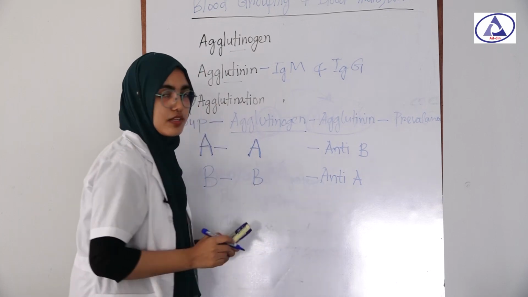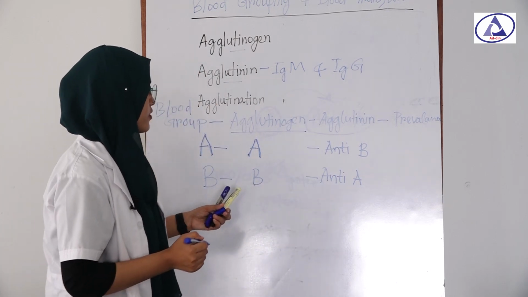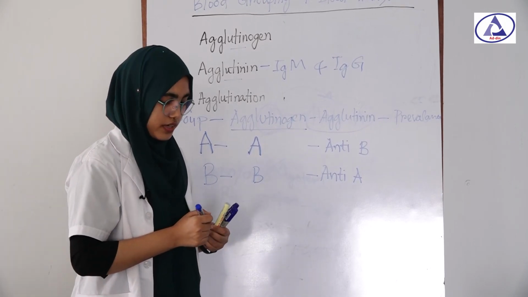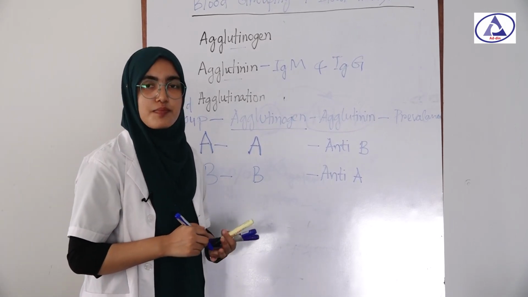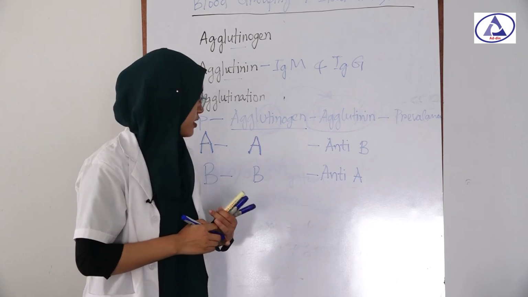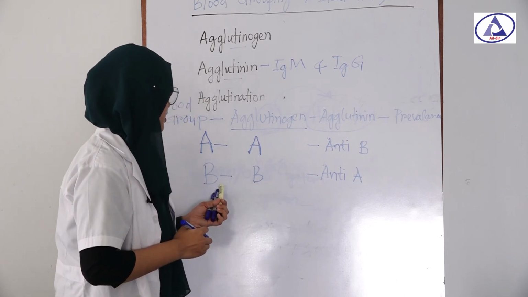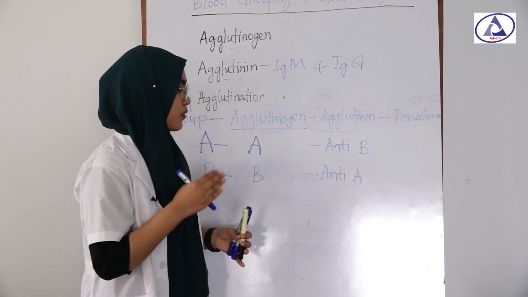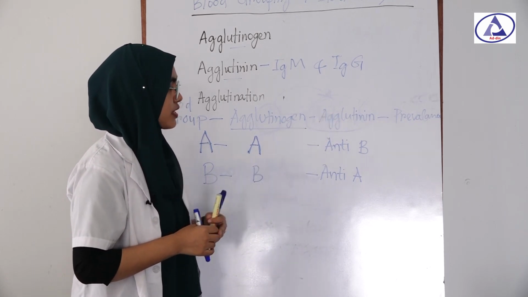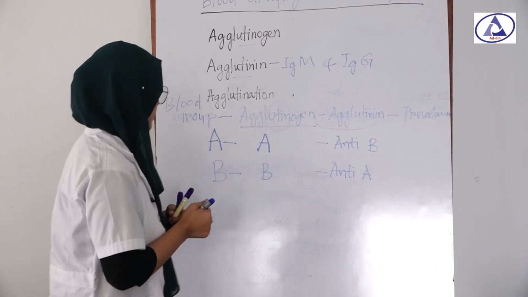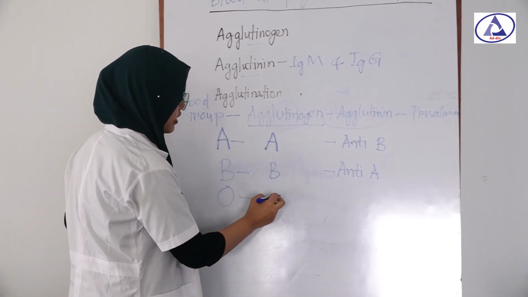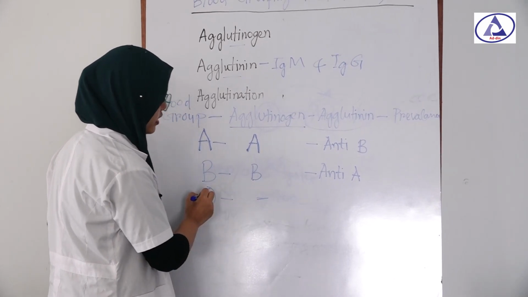The second part of the law is, if an agglutinogen is absent from the RBC, the corresponding agglutinin must be present in the plasma. So what happens in the O blood group? There is no antigen, zero antigen.